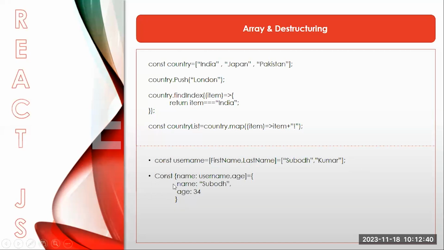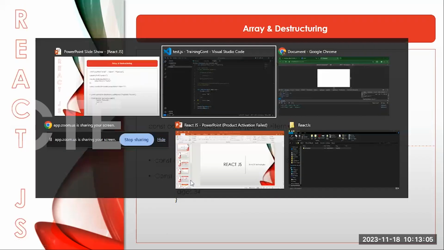Like that, this is basically a set of objects, so there are properties for that. Whenever you use the name, this is again a set of objects, and here the name is Subodh and age is 32. So like that I am showing you.